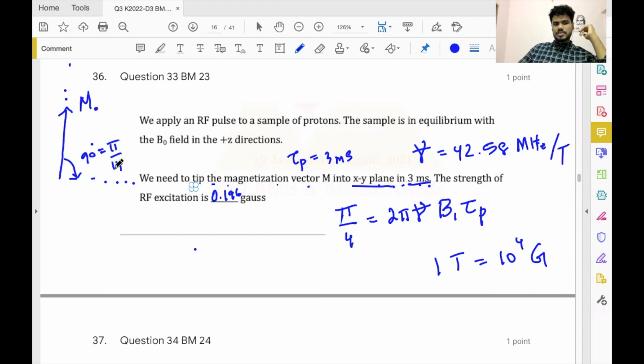The tip angle is pi by 4. Oh, pi by 2, right? Yeah. 90 degrees is pi by 2, since pi is 180. Thanks. That pi by 4 was a confusion. So this is pi by 2.